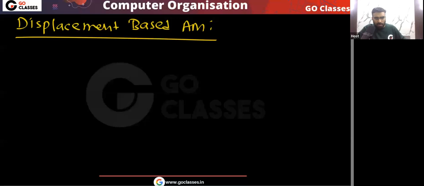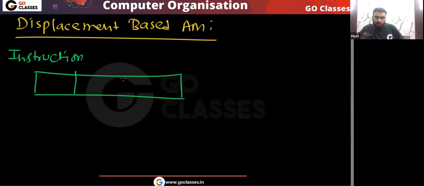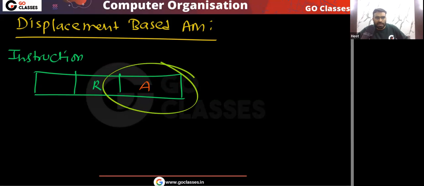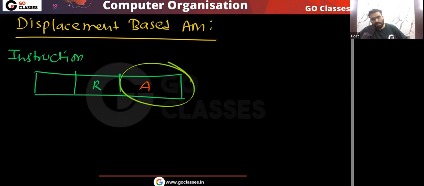In this addressing mode, your instruction will have 2 things: one is a register and another is some value, let's call it A. Remember, this A either can be a constant value, or it can be a memory address.